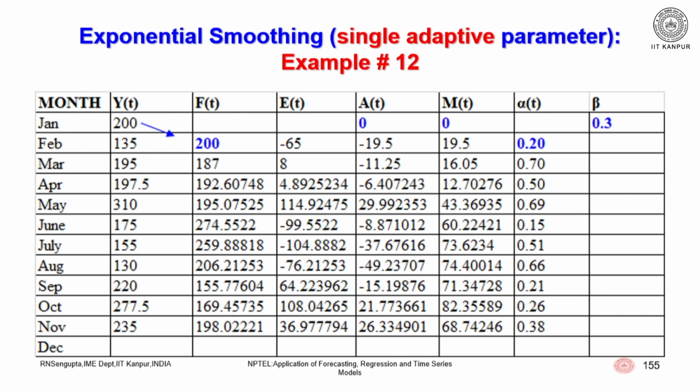And why am I saying mod? Because there was a formula in which, in the case of MT, you are taking beta into the mod of the corresponding error.